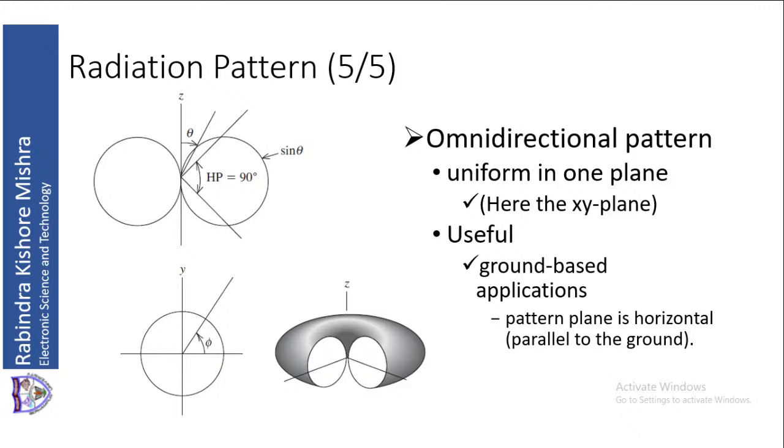Unless it is radiating in all directions around it, you will not get signal in all directions. So the omnidirectional pattern is very useful in ground-based applications. The pattern plane is horizontal or parallel to the ground in this type of radiation pattern.